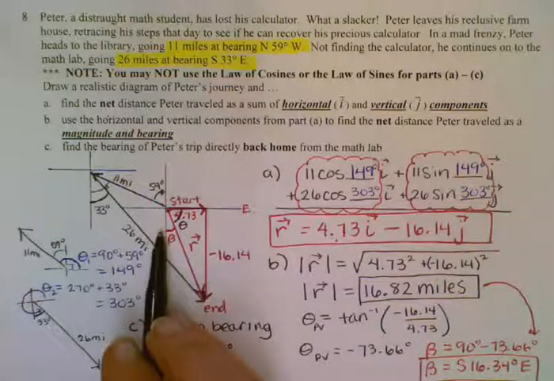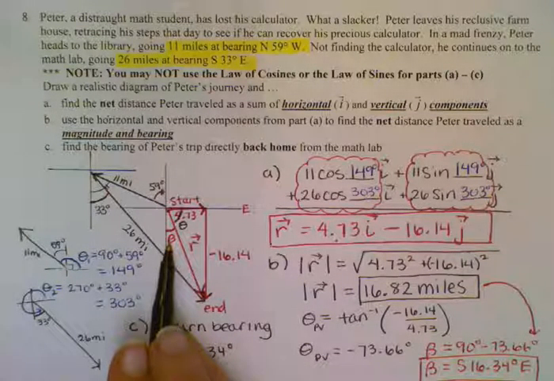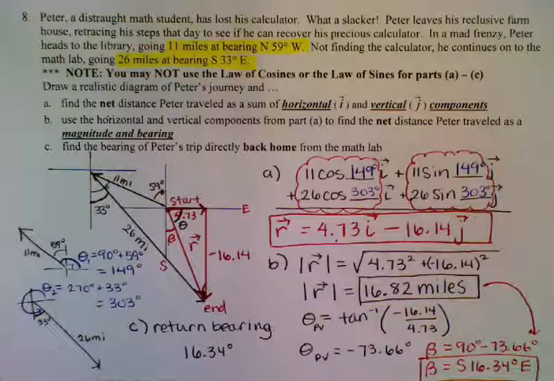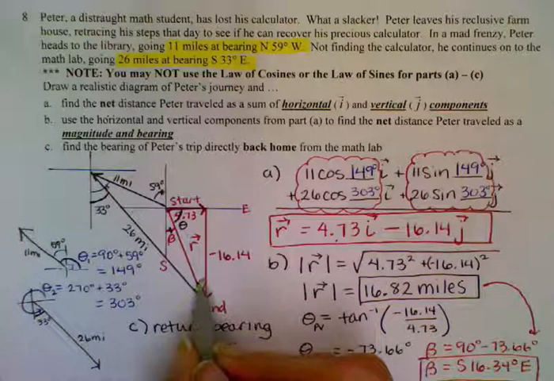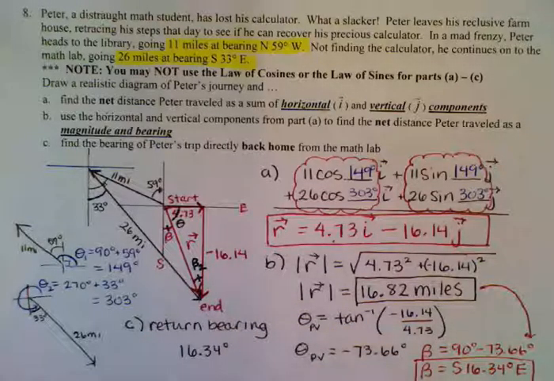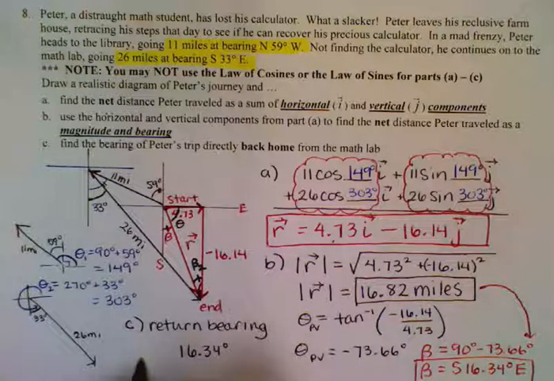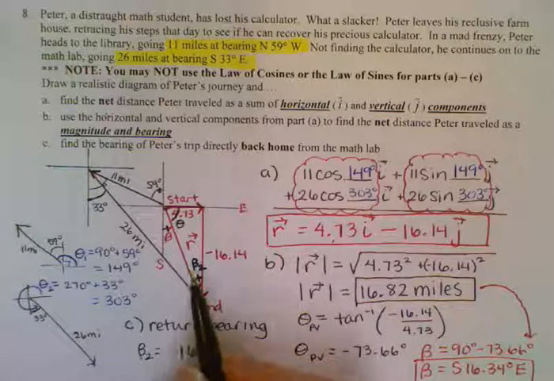Remember, our north-south lines are always going to be parallel to each other, and so our bearing measure inside here will be congruent to this alternate interior angle, which is exactly what we're looking for. It's measured from the north-south towards there, so that's going to be your bearing. Okay, so our return bearing is going from the north towards the west.